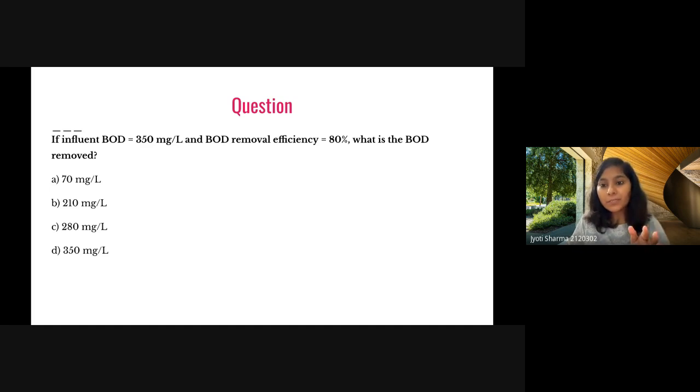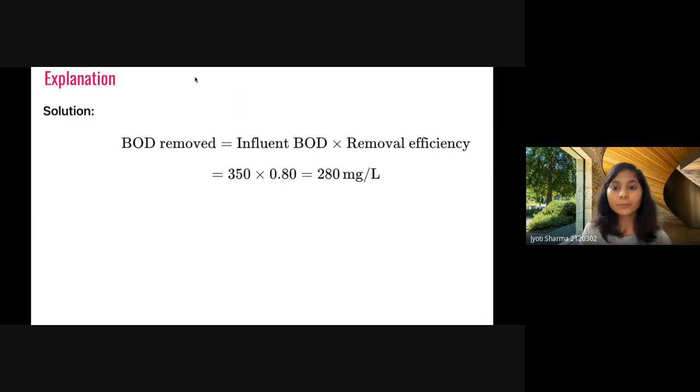So 80 divided by 100 multiplied by 350 will give you the BOD that has been removed. Influent BOD was 350, removal efficiency 80%, so 80 upon 100, that will give you 280 mg per liter.